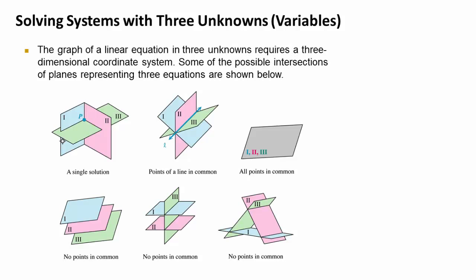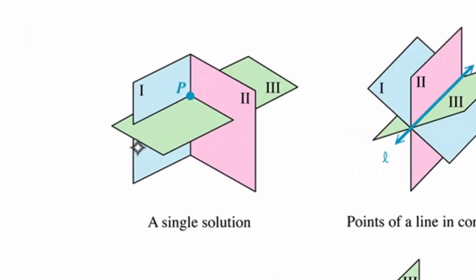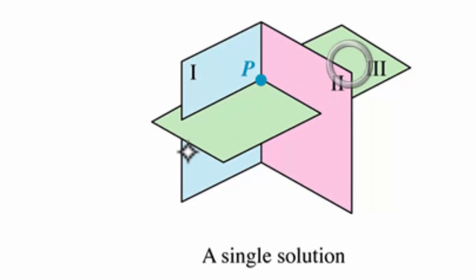Okay, some of the possible intersections of planes representing three equations are shown below. So when you have a unique solution, a single solution, it is that when you have three planes that are intersecting at a common one point. Okay, it has to be 3D because you have three variables, x, y, z.